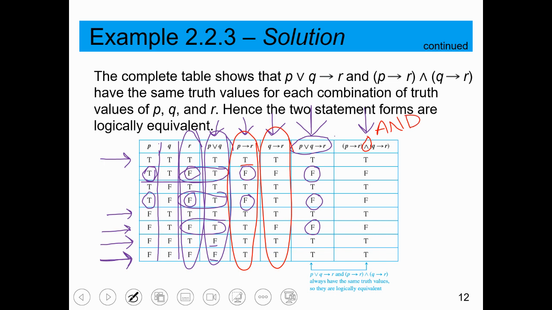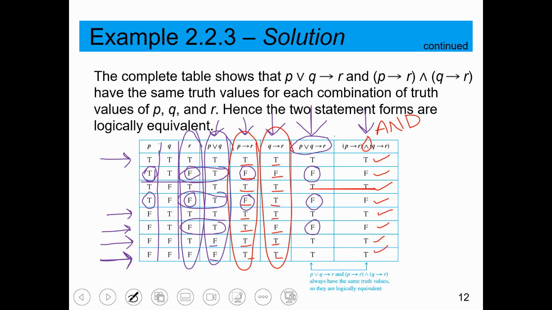So in the first row, true, true, so true. In the second one, false, false, so false. Third, true, true, true. False, true, false. Because remember, they both have to be true for an and. True, true, true. True, false, false. True, true, and true, true makes true, true.